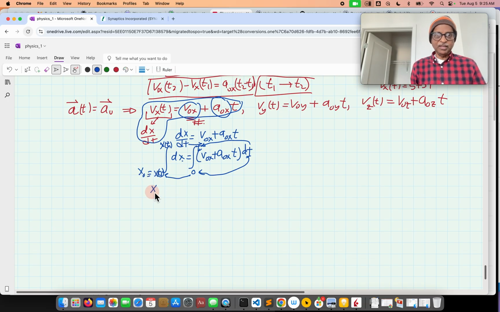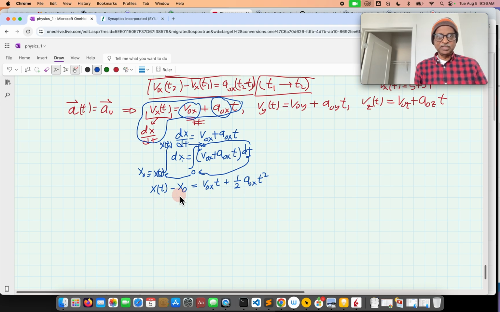So this will be x of t minus x0. If you do this out, I'm going to get x0 plus v0x t plus half a0x t square. You can see x0 is where it was at the 0 instant. That's given to us, so from there we can find out where x will be at any instant.